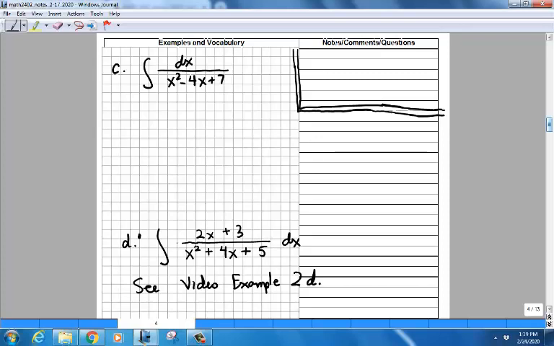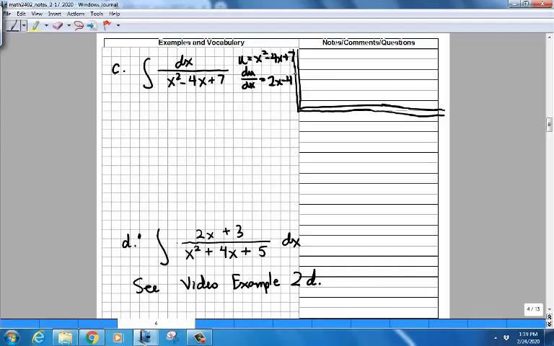Now you might try a direct substitution without worrying about the arctangent function or the inverse trig functions. You might say, okay, I'm just going to substitute for my denominator, because that's what we frequently have done at the beginning of the course. But that doesn't get you very far at all, because unfortunately, the derivative of your denominator is kind of complicated.